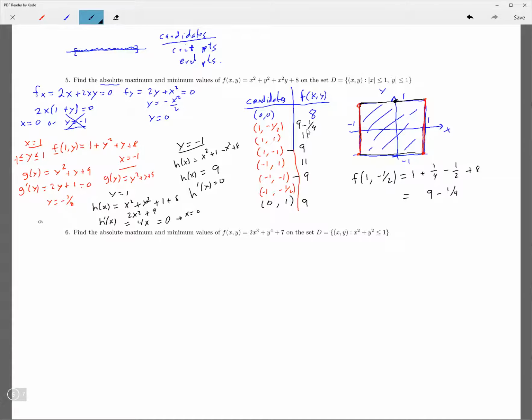That's between 8 and 11. So that's not going to make a difference. Okay, and then in this one right here, that's also going to give you 9 and 1/4 because you're just replacing this 1 with a -1. And then when you put it in for x, it's going to give you the same values. Okay, so what can we learn from this?